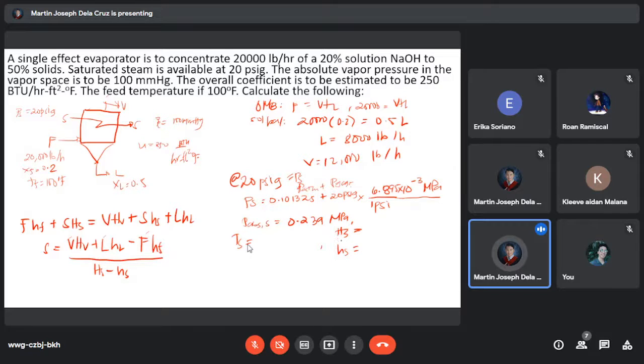The saturated vapor and saturated liquid. Bea, what is the saturated liquid? Are you still there, Bea? Wait lang, sir. How about Erica?